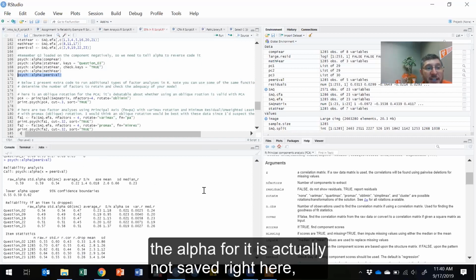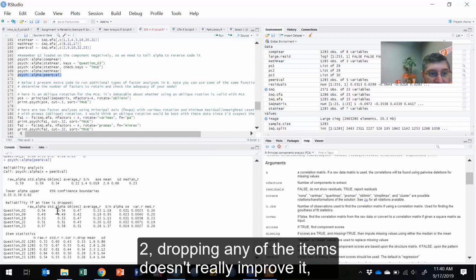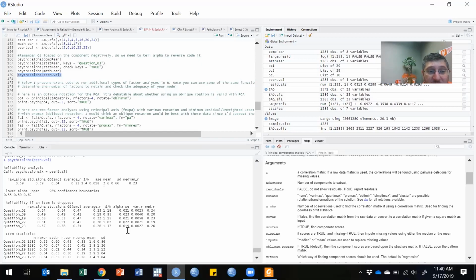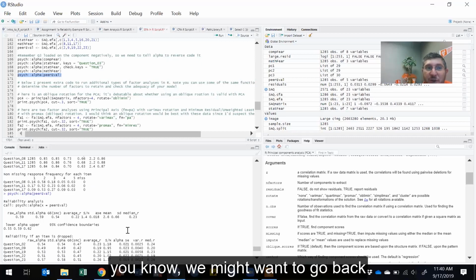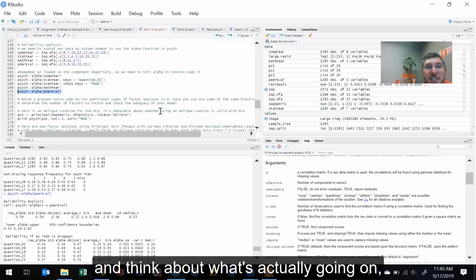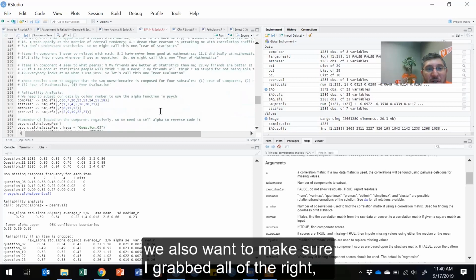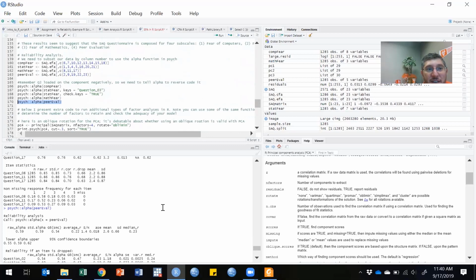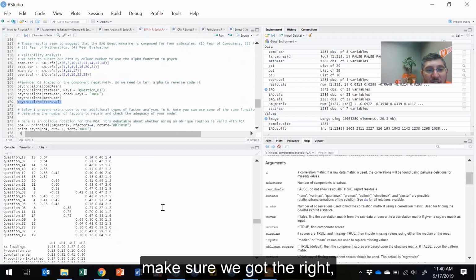The alpha for it is actually not so good here. Dropping any of the items doesn't really improve it. We might want to go back and think about what's actually going on. We also want to make sure I grabbed all of the right items.